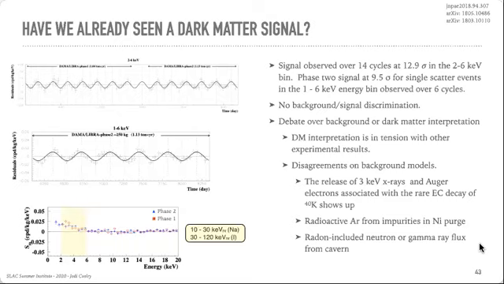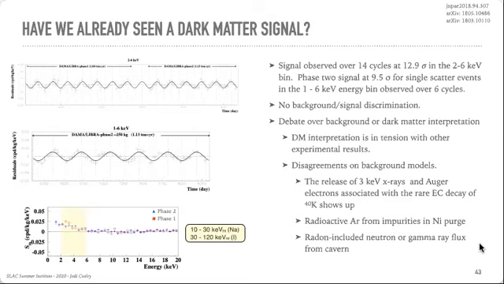And it's complicated and it's hard because there are disagreements even on the background models. And so these are just some examples of some of the disagreements, or what it could be. So you can actually get 3 keV X-rays and Auger electrons that are associated with this rare electron capture that happens when potassium decays.